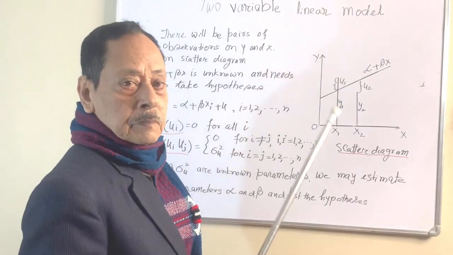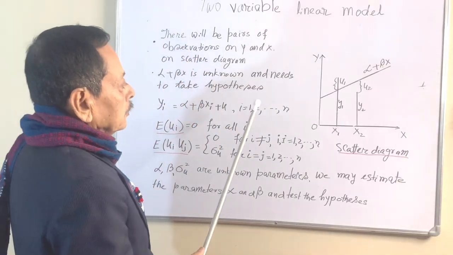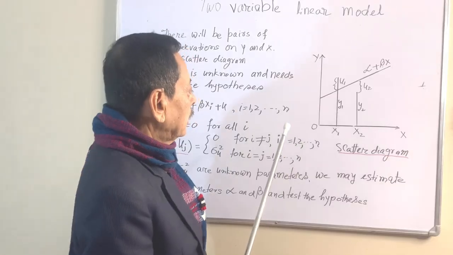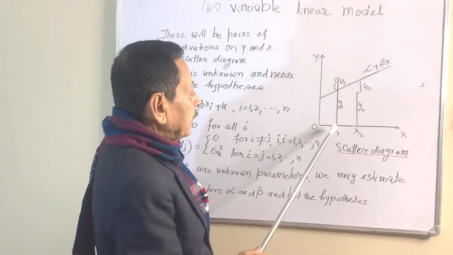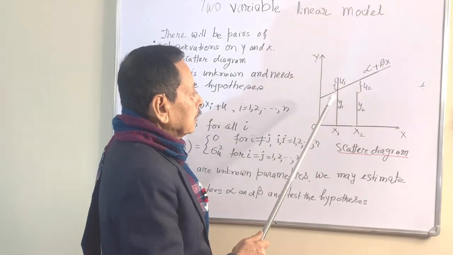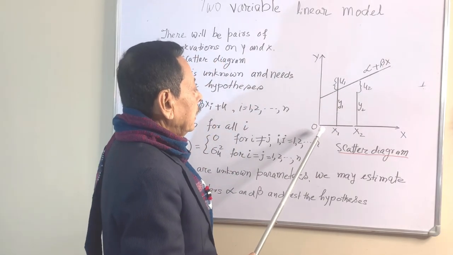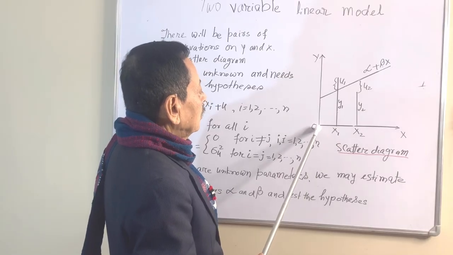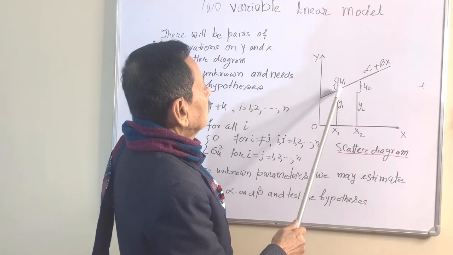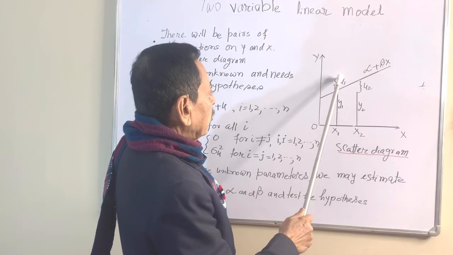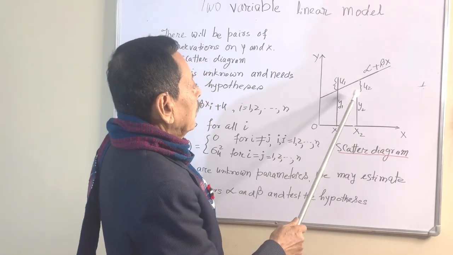Next, let us discuss the scatter diagram. This scatter diagram shows different pairs of y and x, which will be plotted. Suppose when x is x1, y is y1, and when it is x2, y is y2.